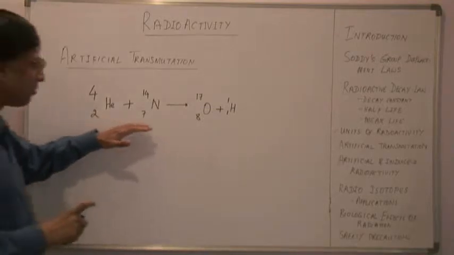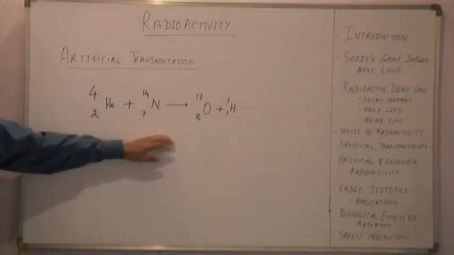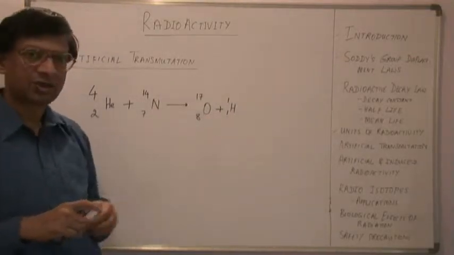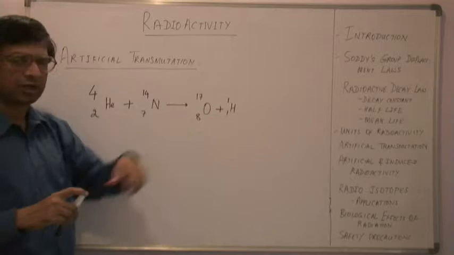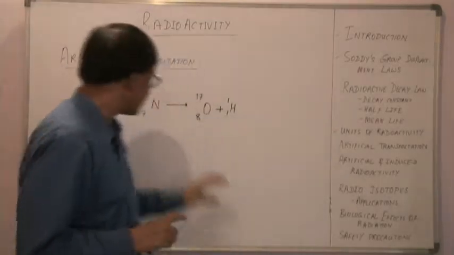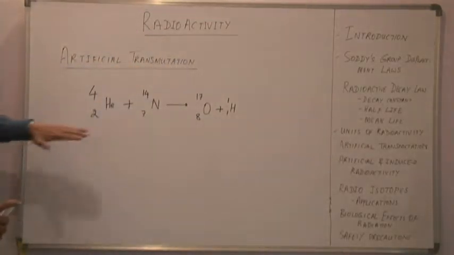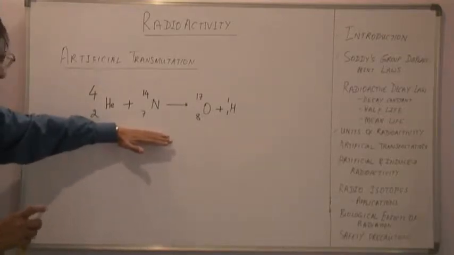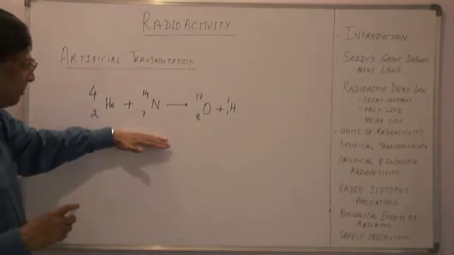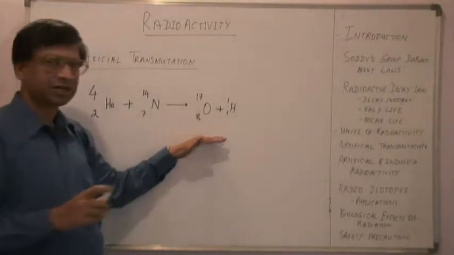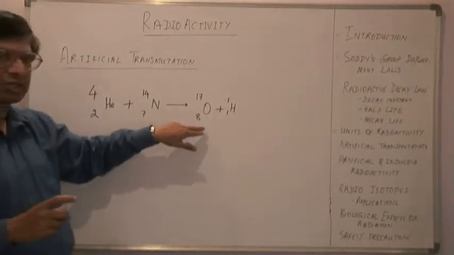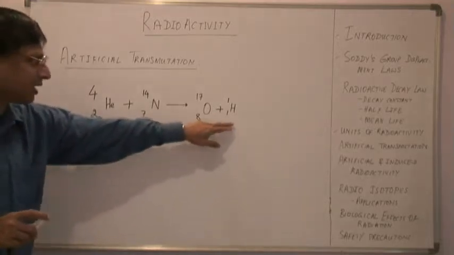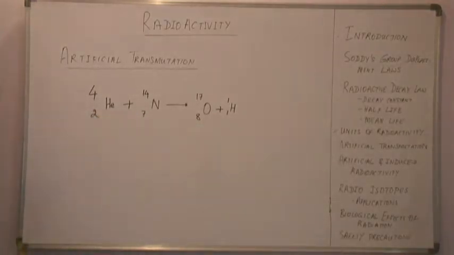An alpha particle bombarding a nucleus of nitrogen would result in the nucleus of nitrogen undergoing change and becoming a nucleus of oxygen with the emission of one proton. This is an example of artificial transmutation. The process in which an external particle interacts with the nucleus of an atom and makes that atom undergo change, resulting in the nucleus of a newer element along with the emission of a proton or some other particle, is known as artificial transmutation.